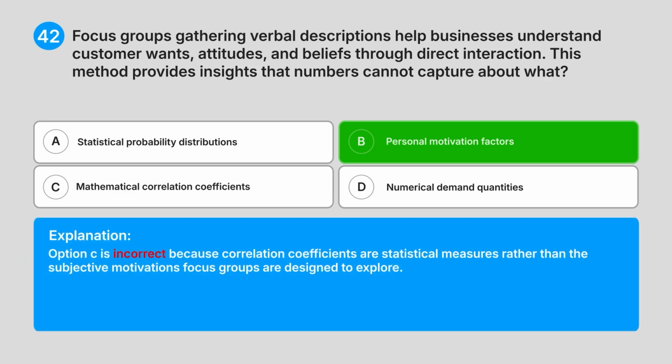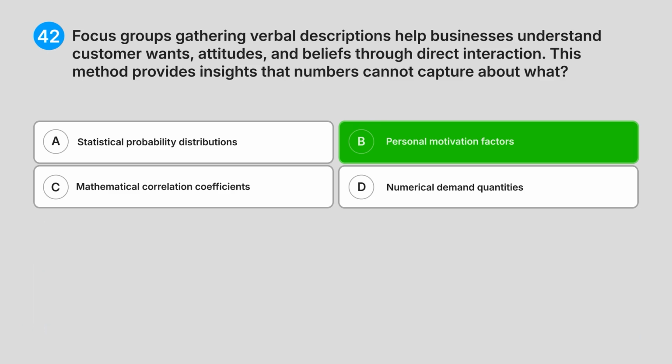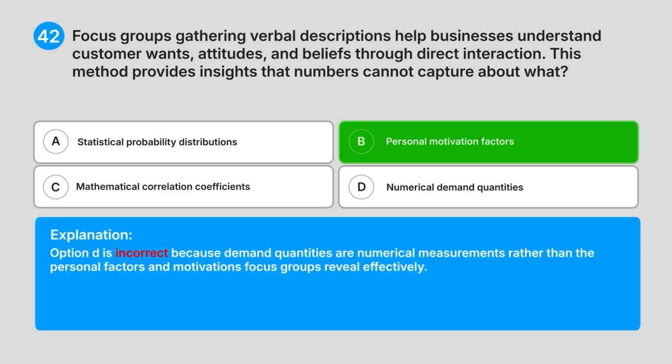Option C is incorrect because correlation coefficients are statistical measures rather than the subjective motivations focus groups are designed to explore. Option D is incorrect because demand quantities are numerical measurements rather than the personal factors and motivations focus groups reveal effectively.